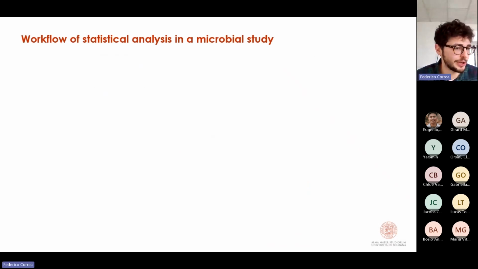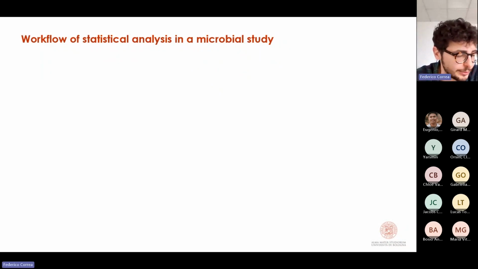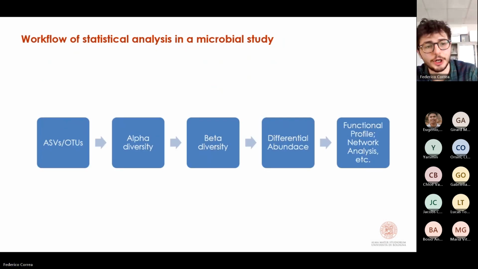Okay, now we have our beautiful OTUs and amplicon sequence variants. What can we do next? Usually, the typical workflow of microbiome data is to obtain amplicon sequence variants or OTUs and calculate some metrics. You can calculate alpha diversity, beta diversity, and another step is to see if some specific bacteria is more abundant in a condition compared to another.